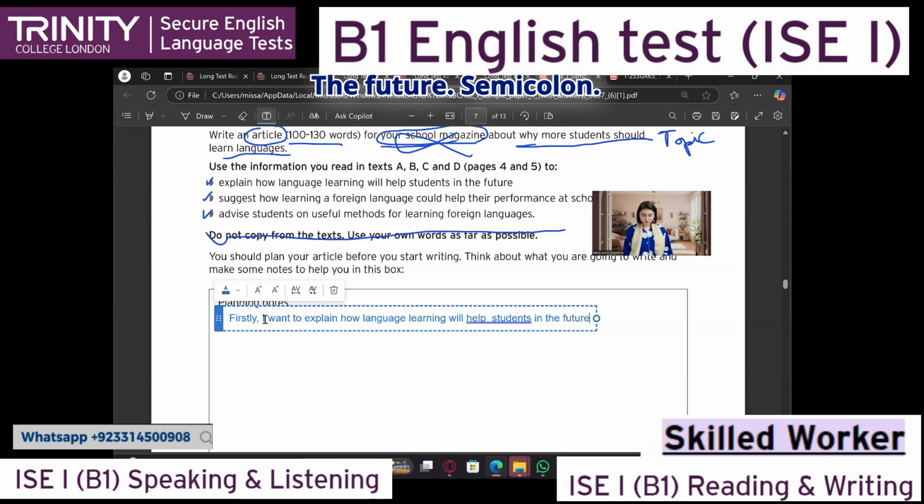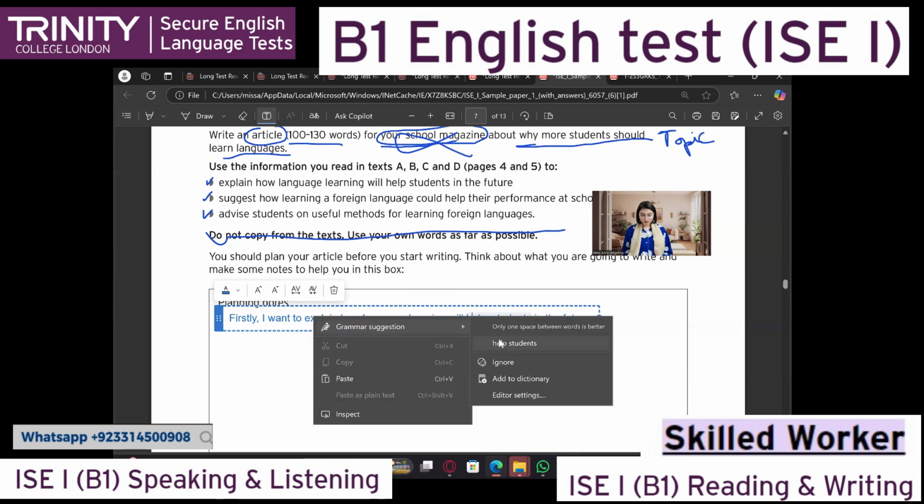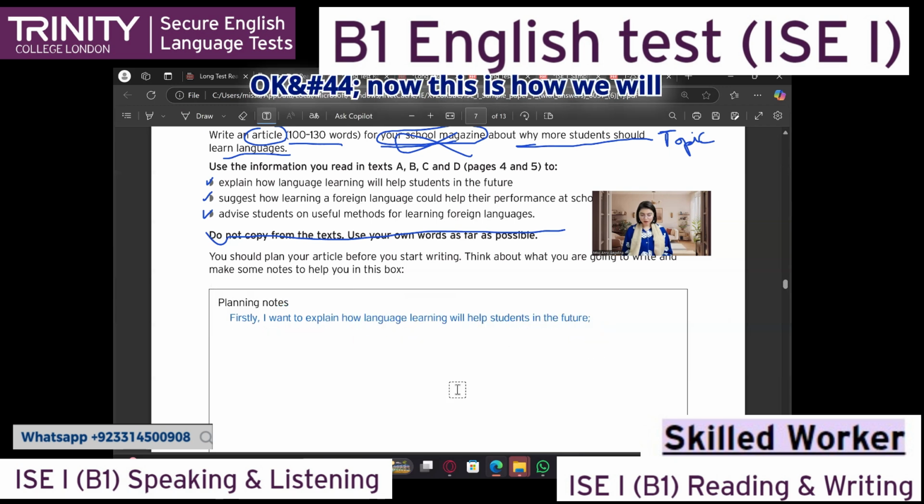Semicolon. Now, this is how we will write our first paragraph.